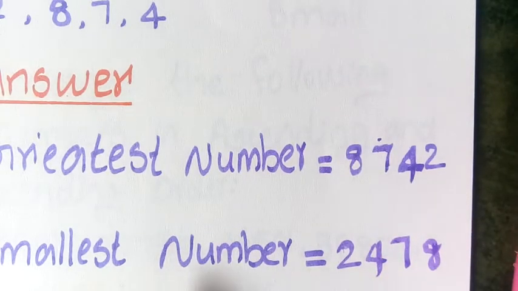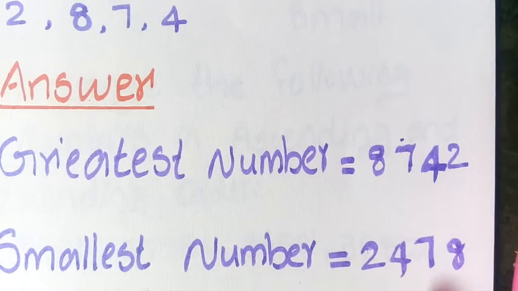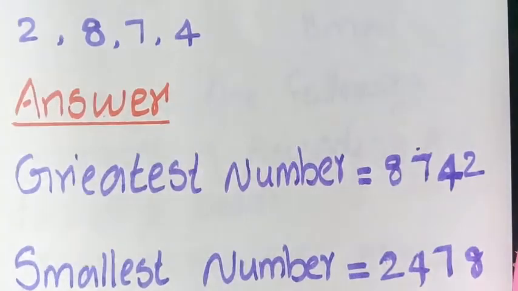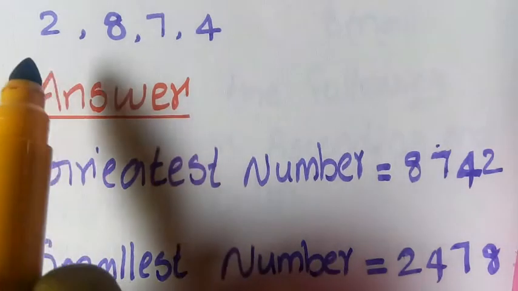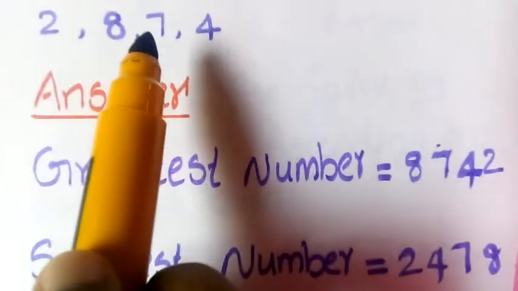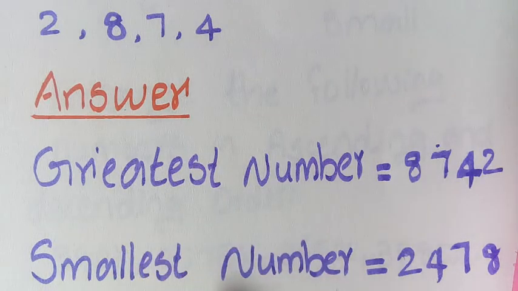So which is the smallest number? 2478. Okay, we used all the 4 digits given in the question and we made the greatest and smallest number. Do you understand?